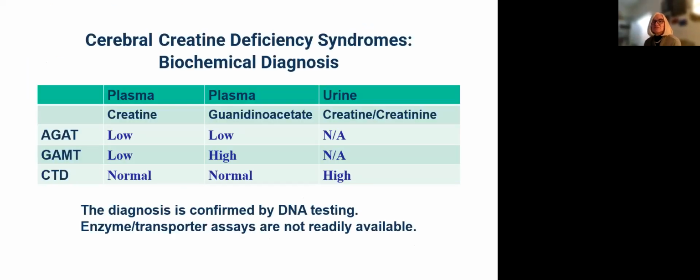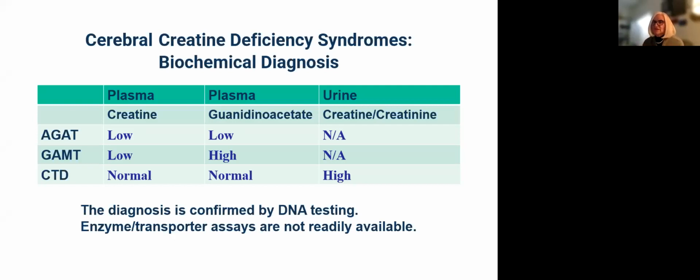There are also biochemical tests to diagnose cerebral creatine deficiency syndrome, and they are basically measuring creatine and guanidinoacetate in plasma and urine. We need to be very careful in using this test.